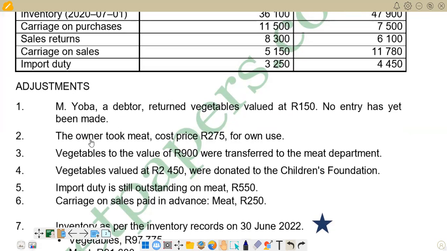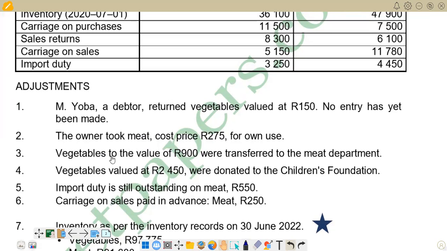Then we go to the second one, saying the owner took meat, cost price 275 rands, for himself. So the meat that was taken is going to reduce the purchases figure that we have there. Remember, this transaction affects drawings and purchases, and we know that drawings is not included in the departmental account, so we're not concerned about drawings.